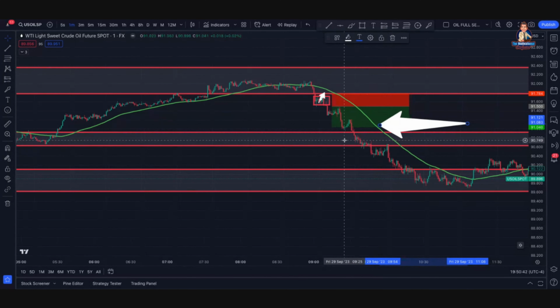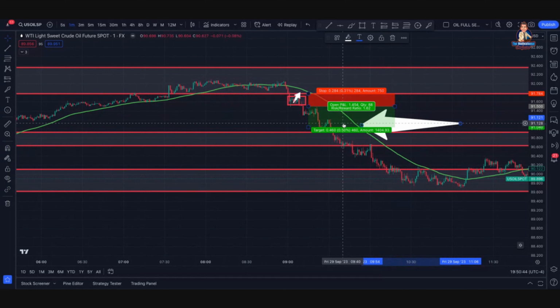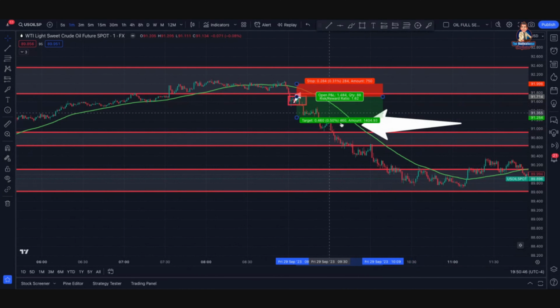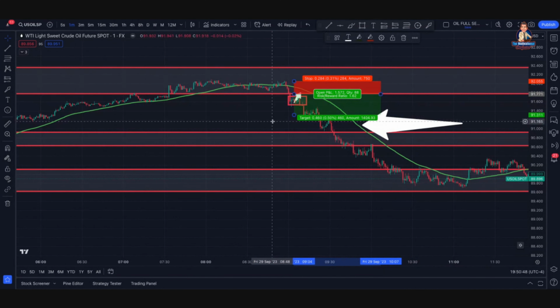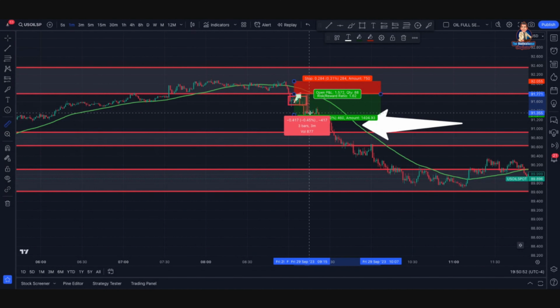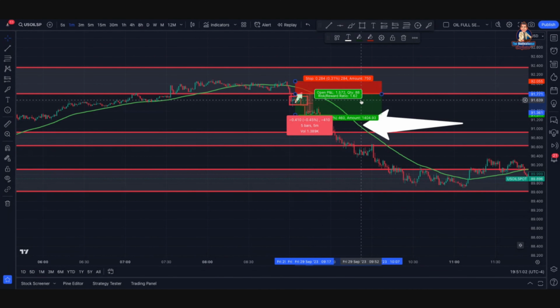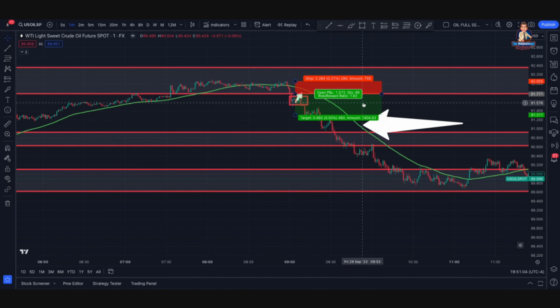Now that would be your second entry. Let's grab a meter. In this particular case, you grabbed 40 points on a risk of 20 some odd points, almost a 2-to-1. This is on the 1-minute chart.